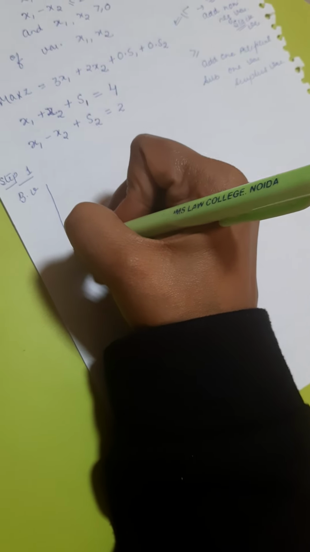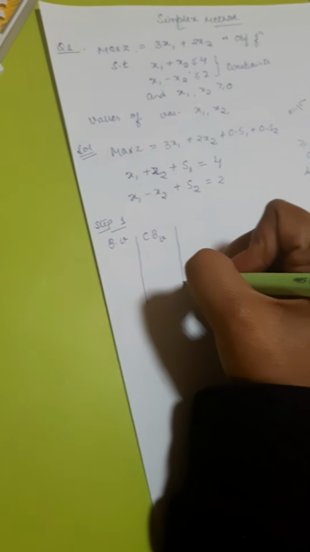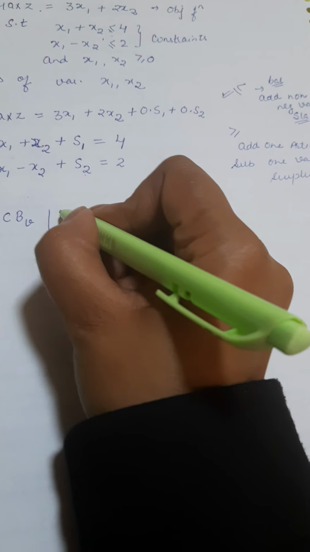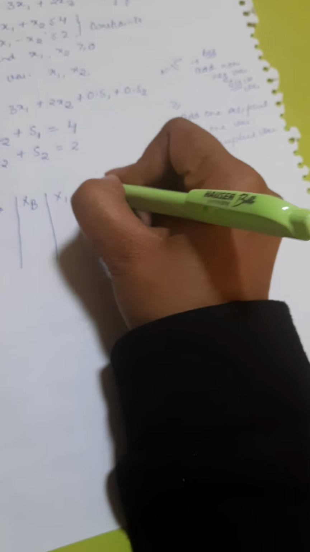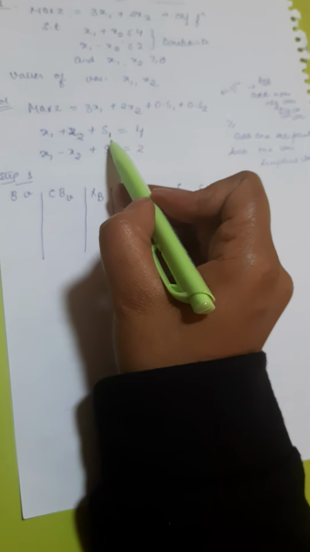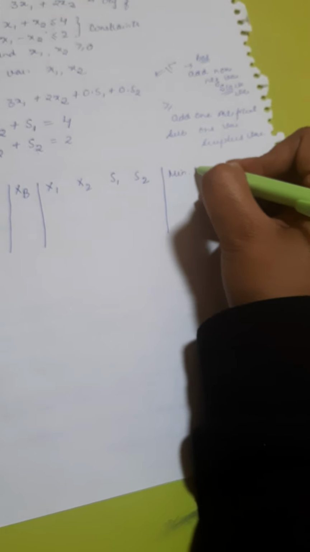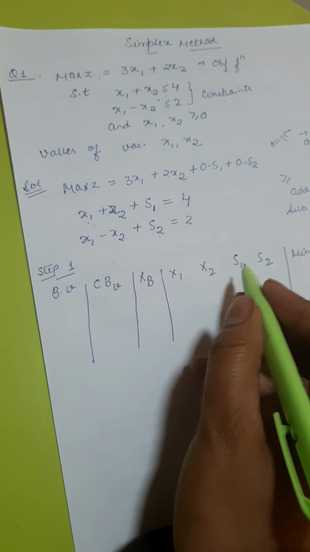The first column is basic variable, second is cost of basic variable, the third is xb, which is the right hand side of the equation, then all the variables used in this question, x1, x2, s1, s2, and the last column is minimum ratio. Now what is basic variable? What is the cost of basic variable? What is xb? What are x1, x2, s1 and s2?